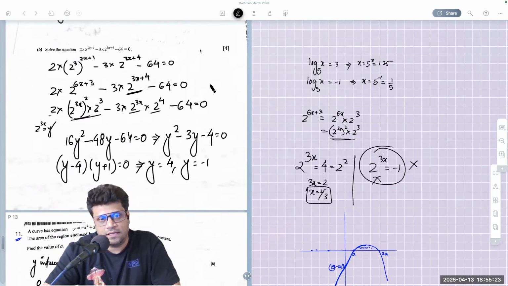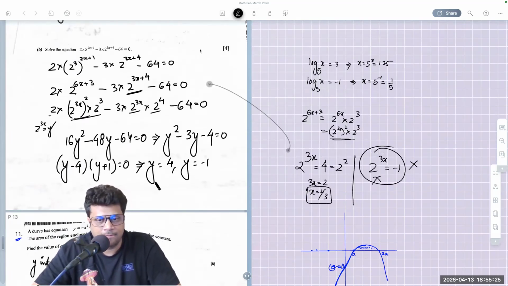So for this one, x comes out to be 2 by 3.